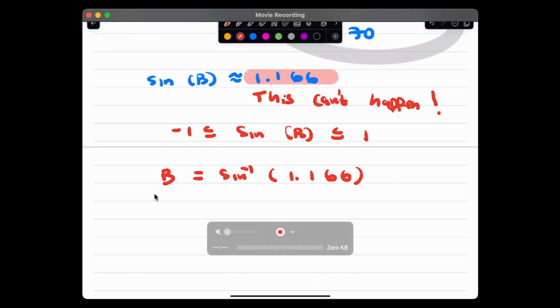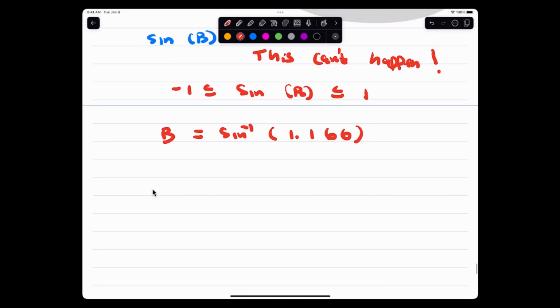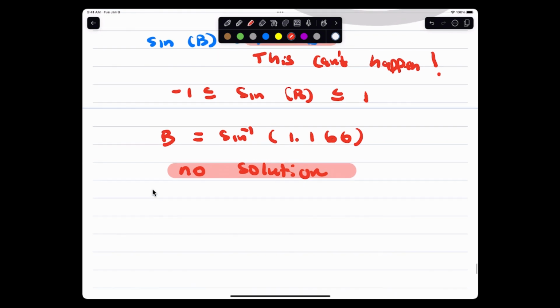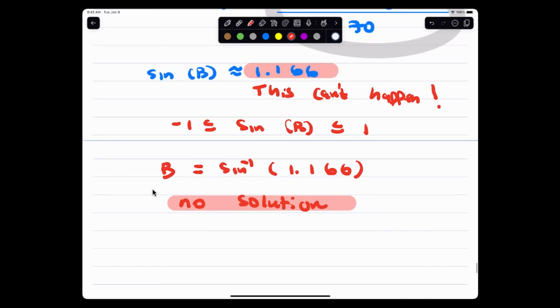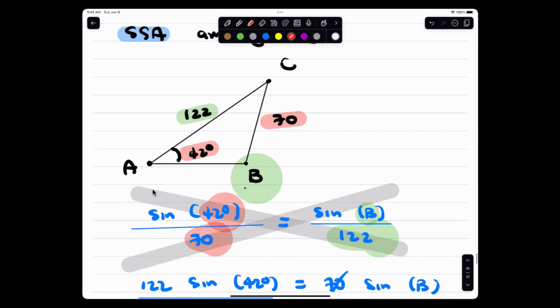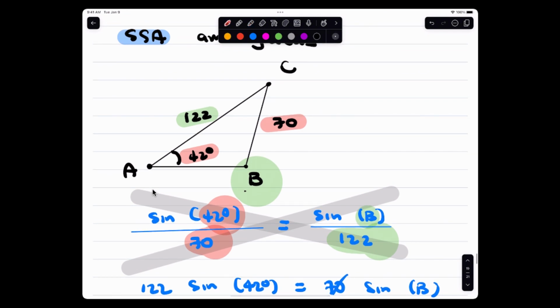Okay. So in other words, this means there's what again? No what? Solution. There is no solution. Your triangle can't take on that shape. So you could never have a triangle, ladies and gentlemen. Never, never, never, that has these dimensions. Okay? There is no such triangle here.